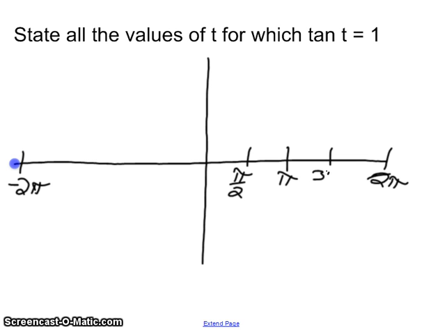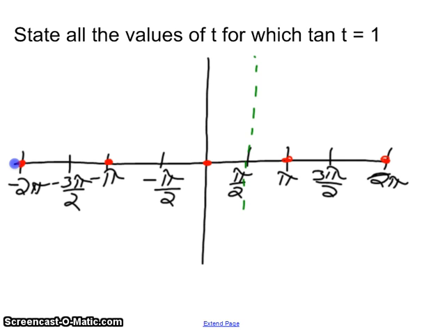3 pi. And then, of course, the reflection of that across the y-axis. And you guys already know that at every multiple of pi, there's a 0. And you already know that all of the vertical asymptotes are at odd multiples of pi over 2.